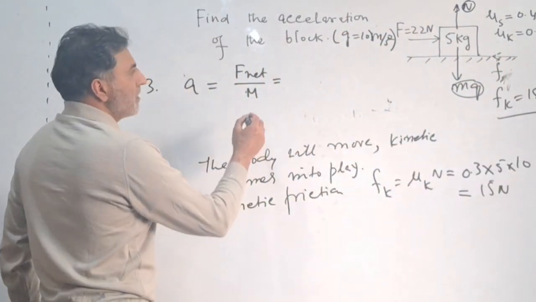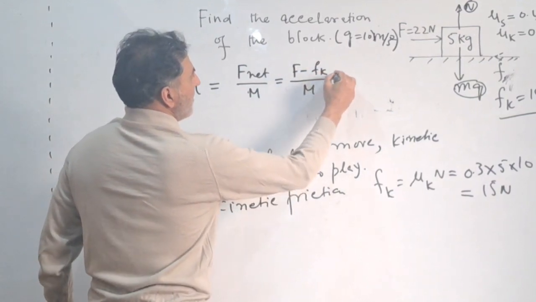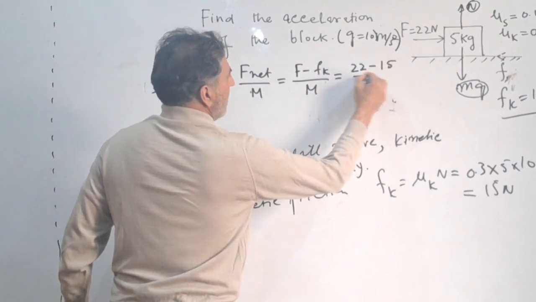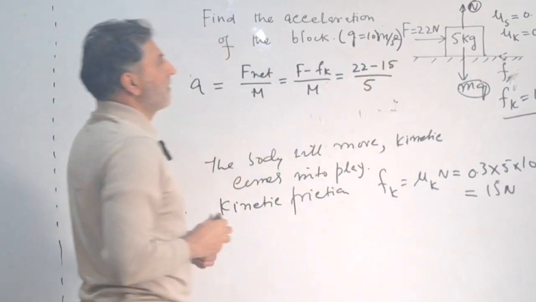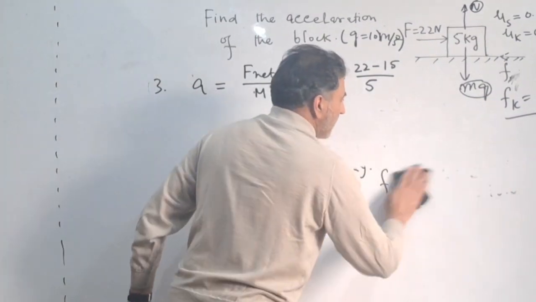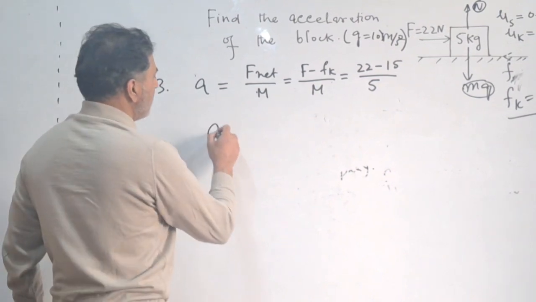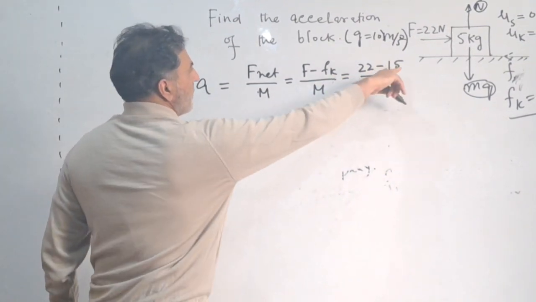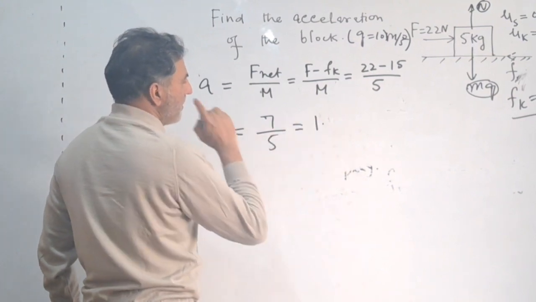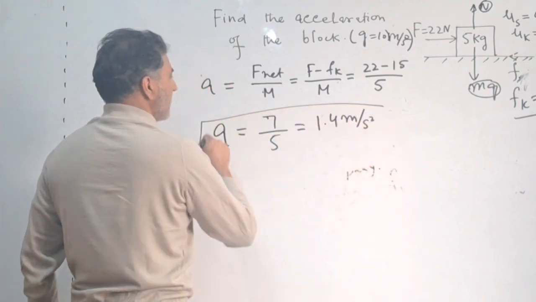So the net force is F minus Fk by m, that is 22 minus 15 by 5. Now the acceleration of the block is 7 by 5, that is 1.4 meter per second square. That is the answer.